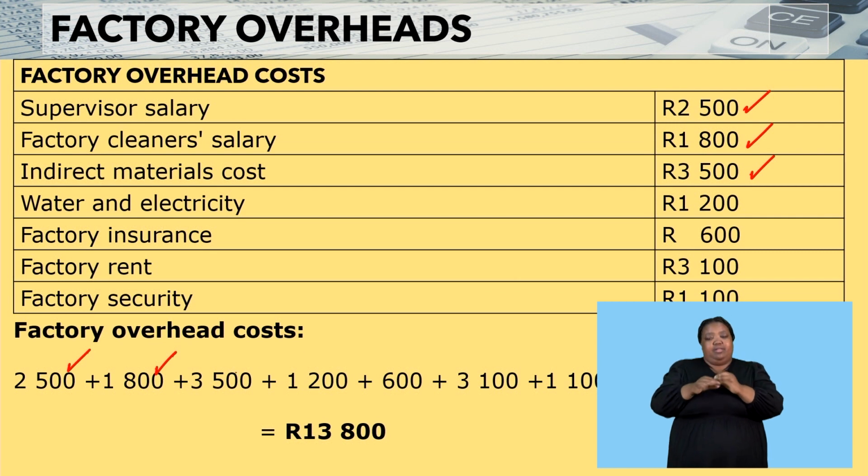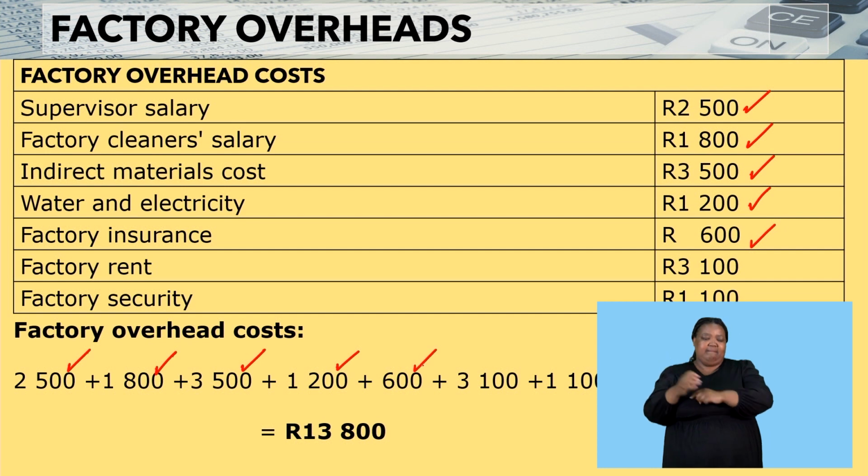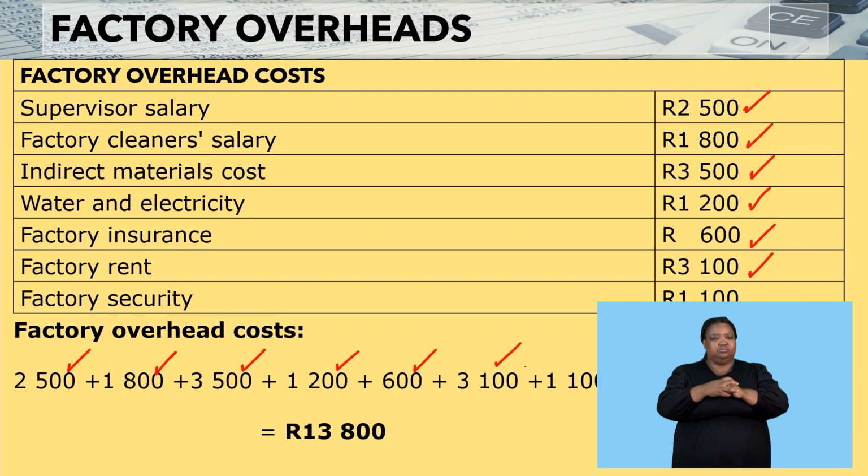We bring it, 3.5, we add it. Water and electricity that has been used in the factory, we also bring it. The factory insurance, 600, we also bring factory insurance, there it is. Factory rent, 3.1, we bring our factory rent here. And then lastly, the factory security, 1,100.